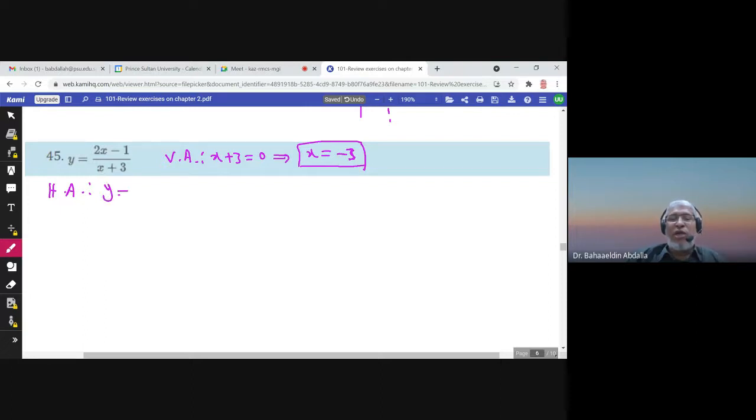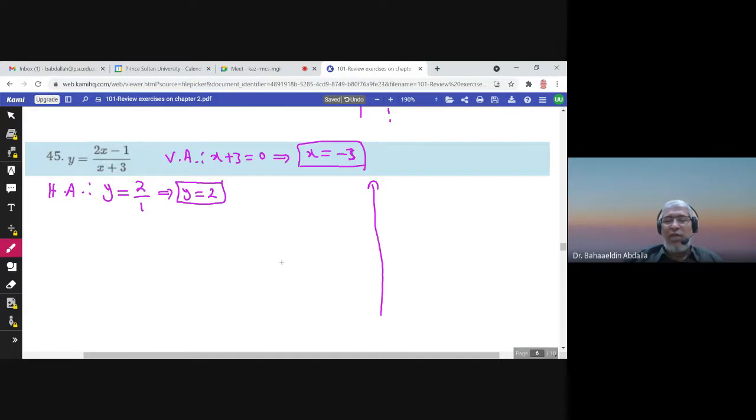So the equation of the horizontal asymptote would be y equals the coefficient of x in the numerator, which is 2, over the coefficient of x in the denominator, which is 1. So y equals 2 would be the equation of the horizontal asymptote.